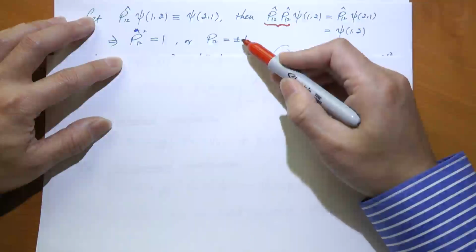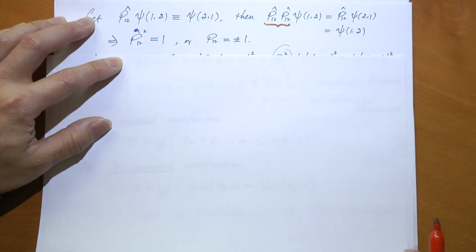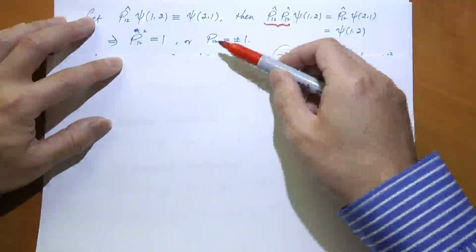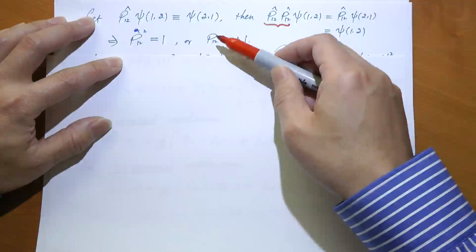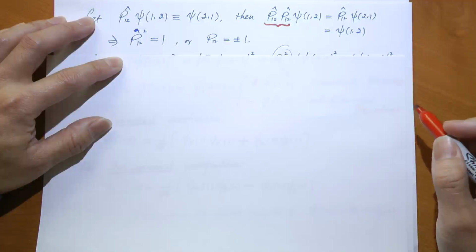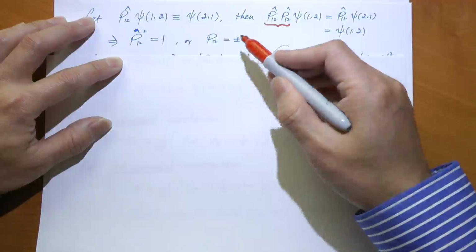Therefore, P12 itself must be plus or minus 1, because its squared value is 1. So when you apply the exchange operation to any wave function psi12, you get either a positive 1 or a negative 1.